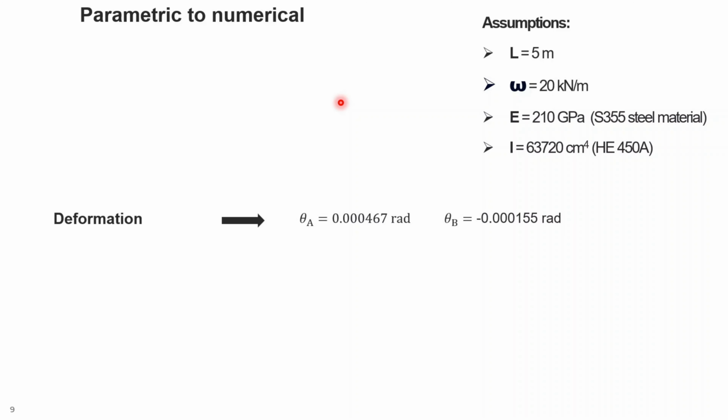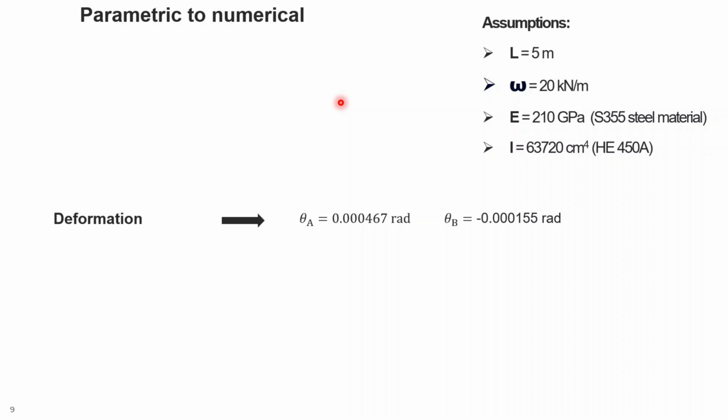So here we just move to the numerical solution, because we cannot move forward to the other purposes without using actual values. For now, we had everything in parametric solution.